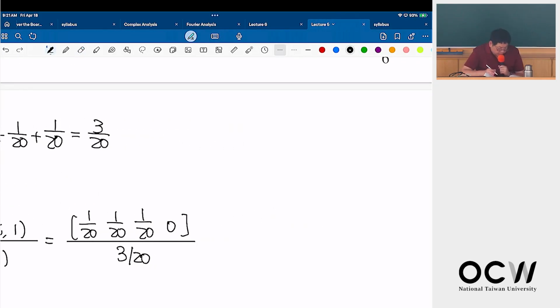So we have 1/3 when x equals 1, 2, and 3. And when x equals 4, it's 0.